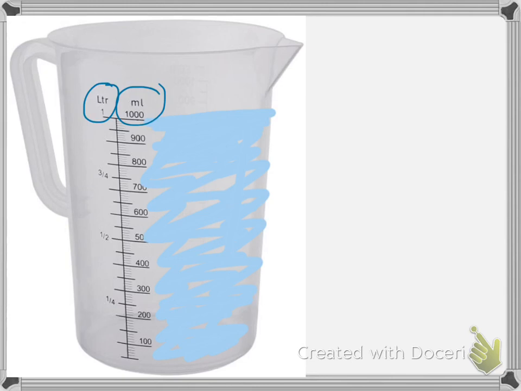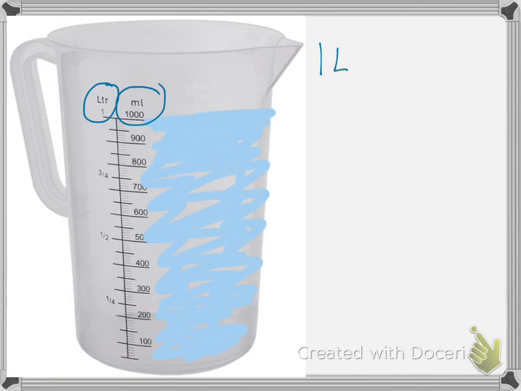And if you remember, 1 kilometer equaled 1,000 meters. And then we did kilograms and grams, and 1 kilogram, think a kilo, 1,000. 1 kilogram was 1,000 grams. And then today, 1 liter is 1,000 milliliters.